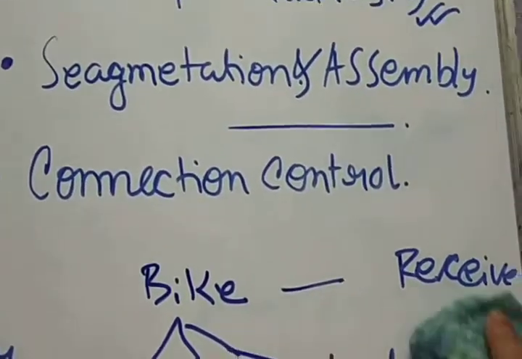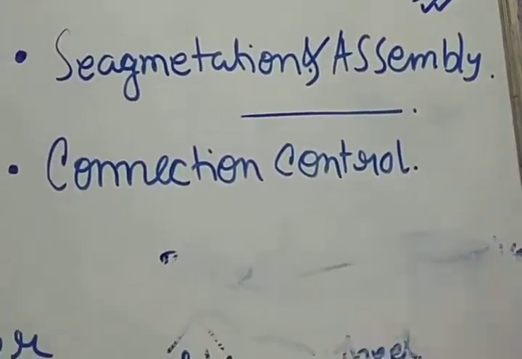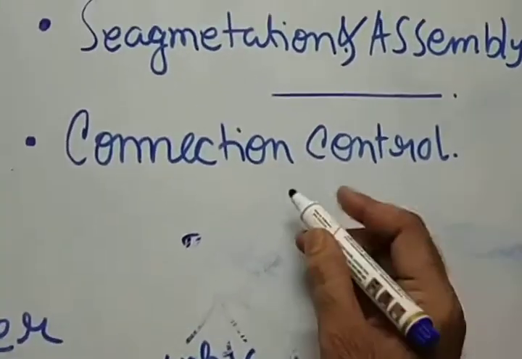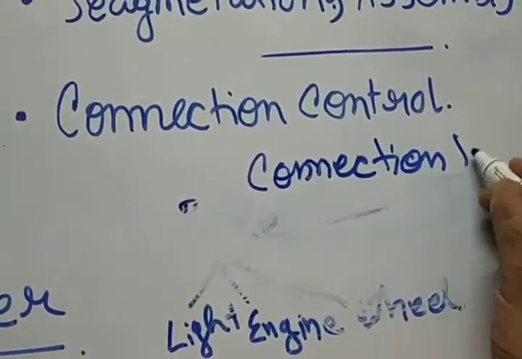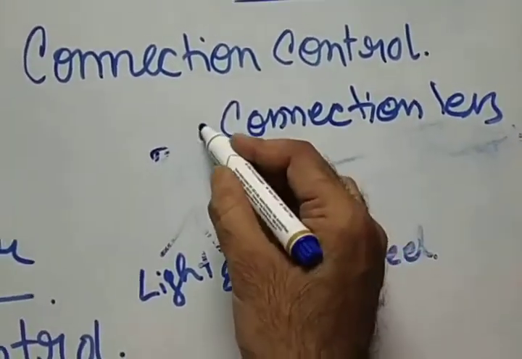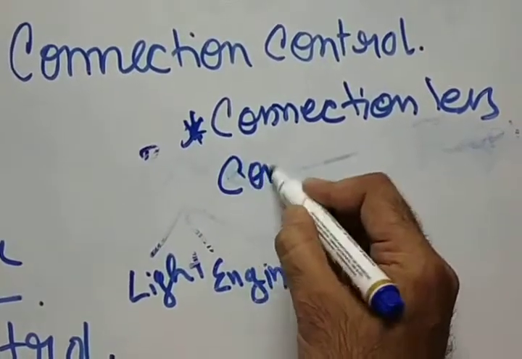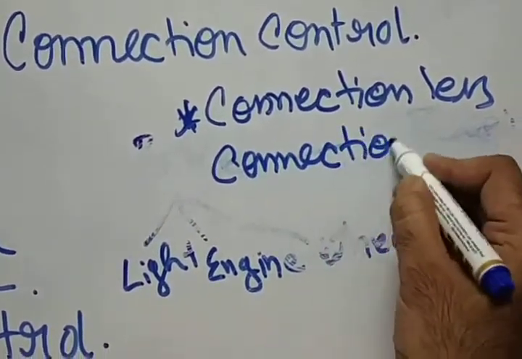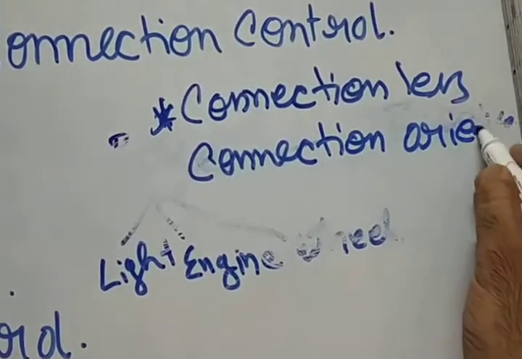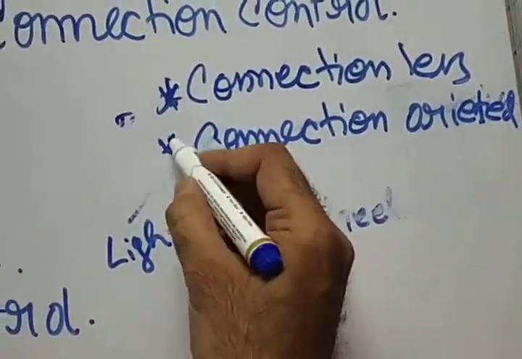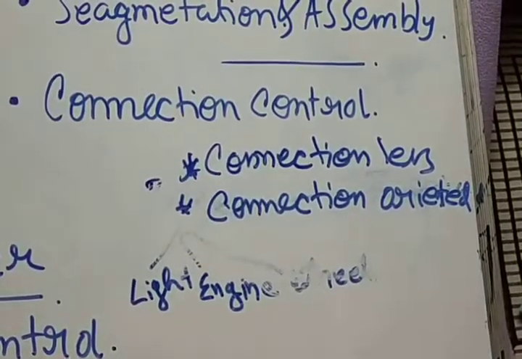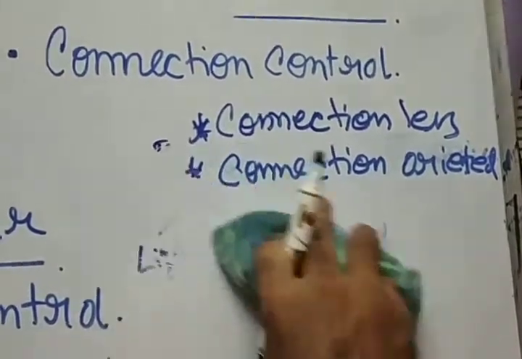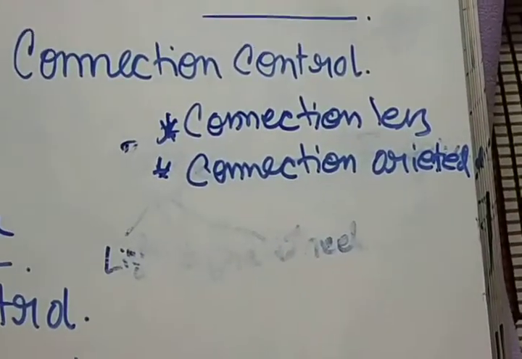So that is a function. The third function is connection control. There are two types of connections: connectionless and connection oriented. Suppose I want to transport data, and before transportation I make a connection to the receiver.